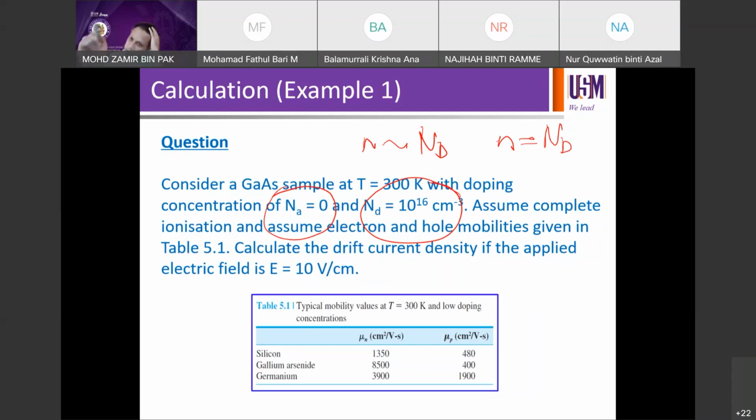The word is I. I want to recap the previous concept so that you can always be on track. Fatin, intrinsic, not intrinsic, because it's doped in this case. What do you assume? My question is, what is the assumption that we hold in order to say that N equals ND?